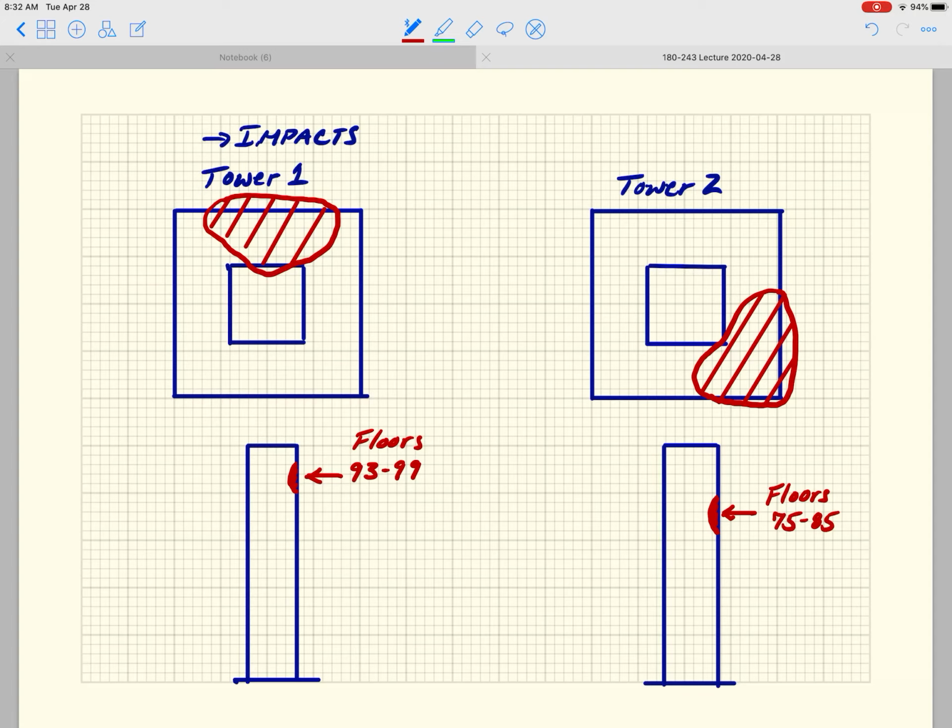we see a few things, right? One, and I guess I'll do these in green, right? One, we see that the impact, let me clean that up a little bit. That the impact occurred at a corner, right?